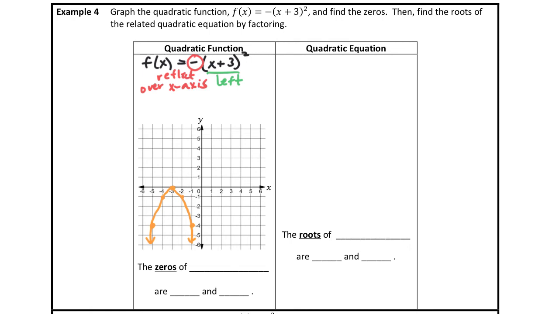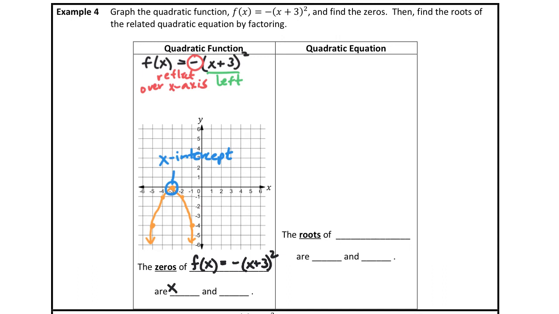So at the bottom, the first blank here would be just copying the function. So the function is f of x equals negative x plus 3 squared. And so the zeros are the x-intercepts. But there's only one x-intercept at x equals negative 3.